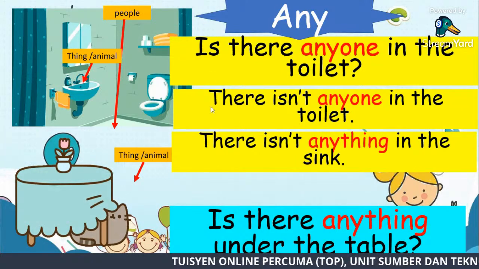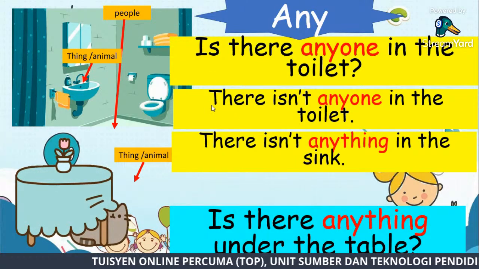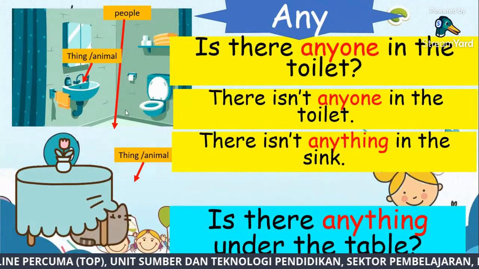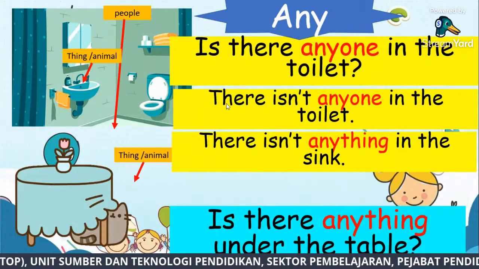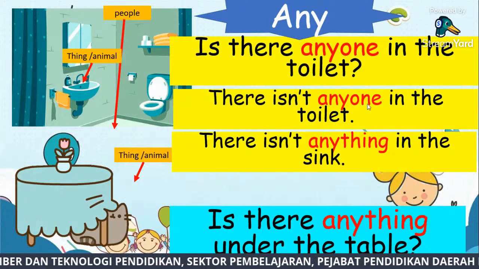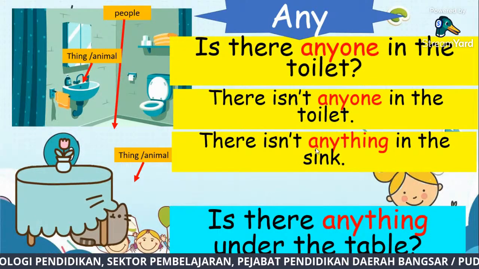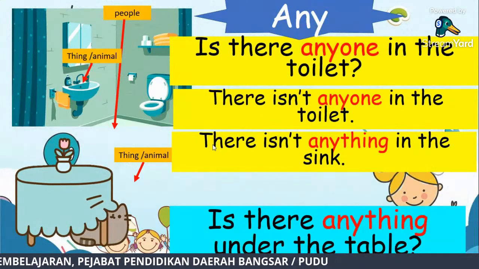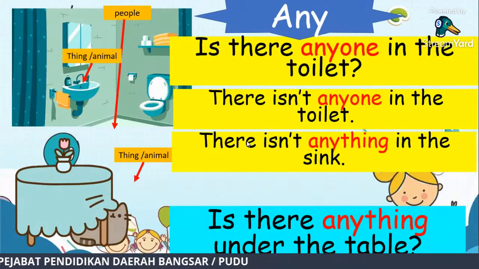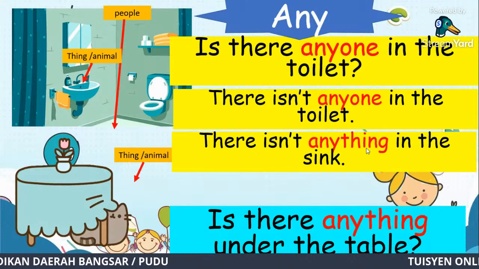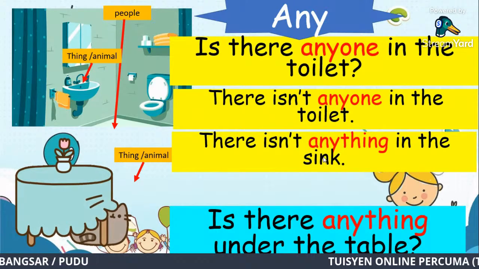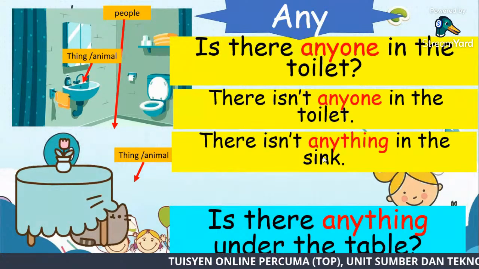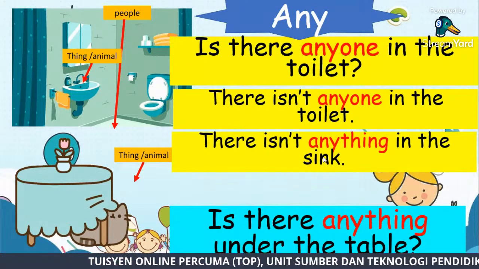So if you want to make a sentence to describe that there's nothing there, you can say there isn't anything in the sink. Isn't is a negative form of sentence, so that's where you will be using anything. So you have to be clear with that.